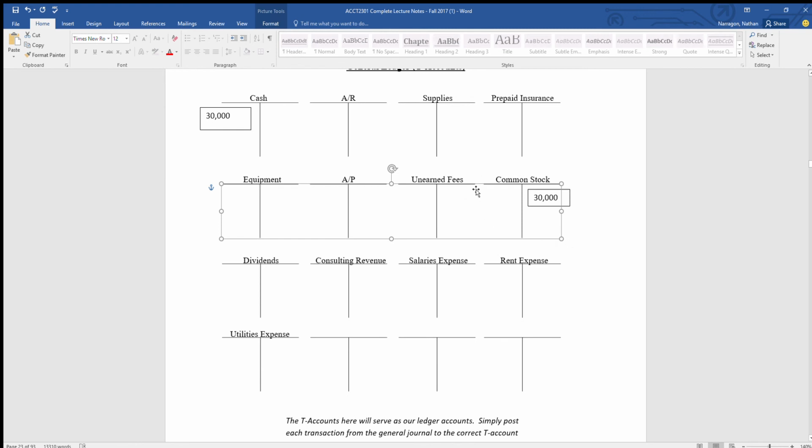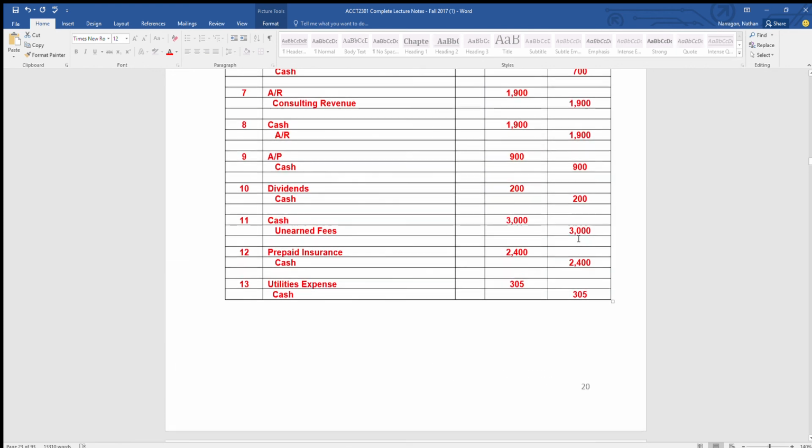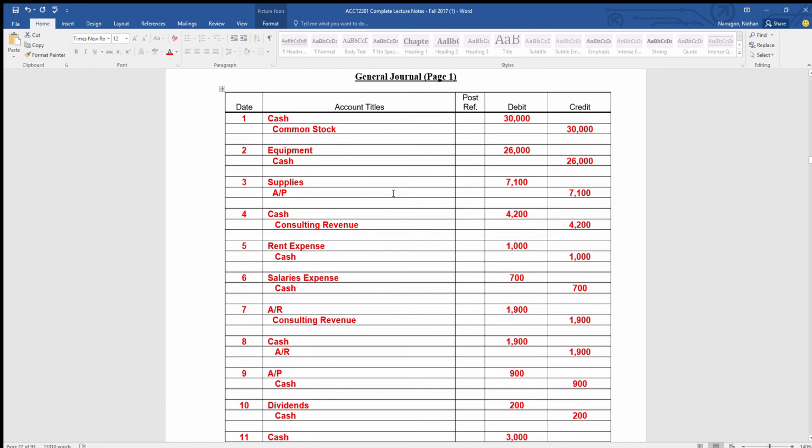Now, normally for Connect, you will have dates of when these happen, but we're just going to do it very simple. Same thing. Go to the next. Equipment $2,600.